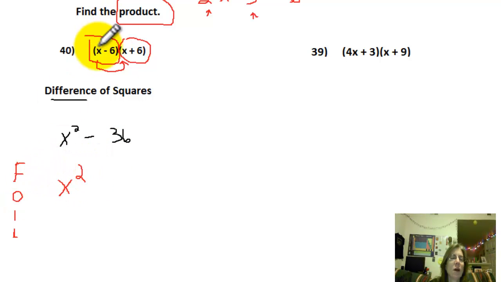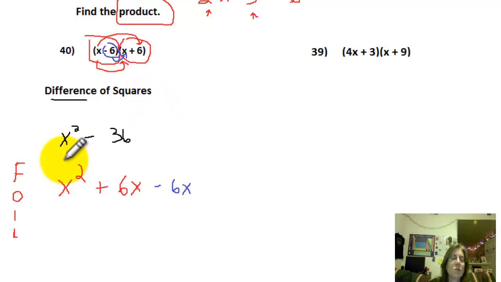Next we're going to do the outsides, so we take x times the outside 6 there. Those are both positive, so it's plus 6x. Now the I is for the inside. That's these inside numbers, and that is a negative 6 times an x, which is minus 6x.